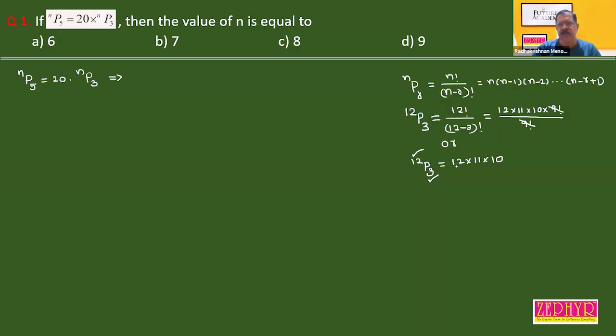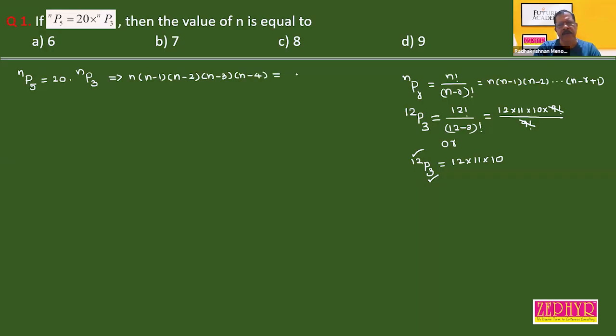So if you use this method, okay, then nP5 is product of 5 natural numbers in descending order starting from n. So which are the 5 natural numbers? Descending order n, then n minus 1, then n minus 2, then n minus 3, then n minus 4.